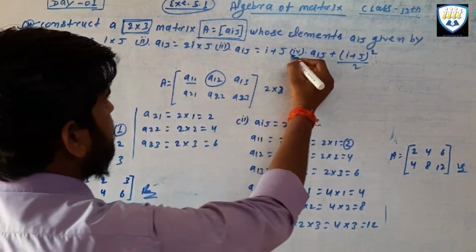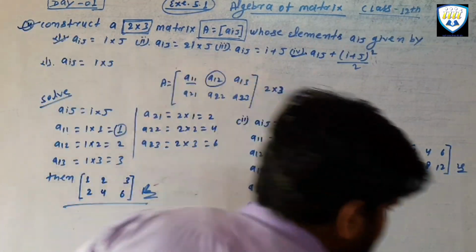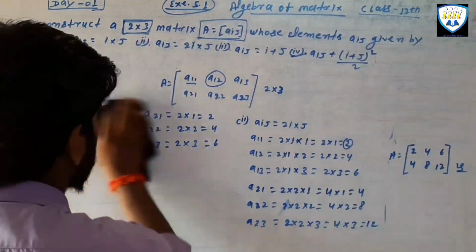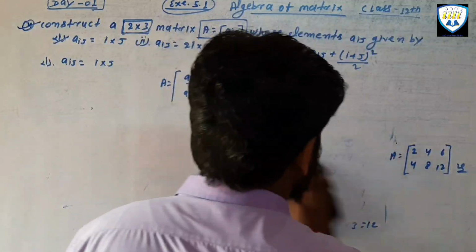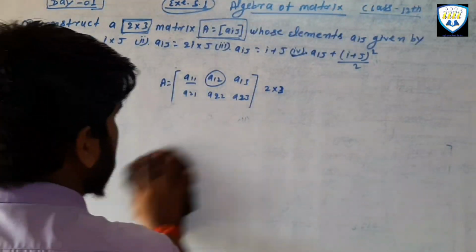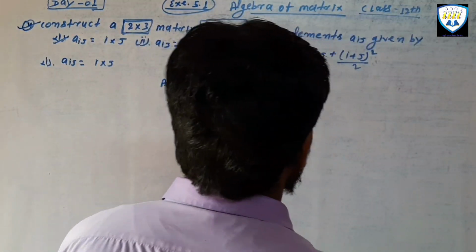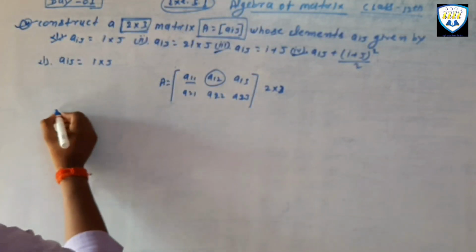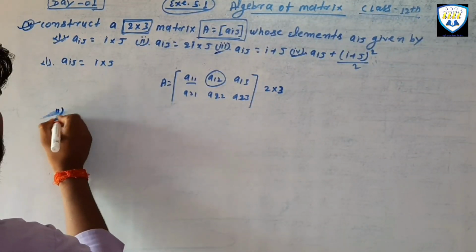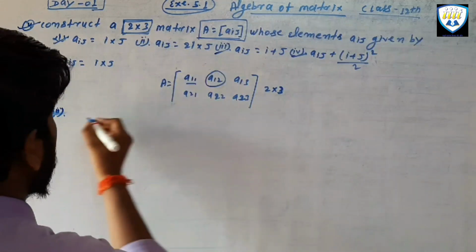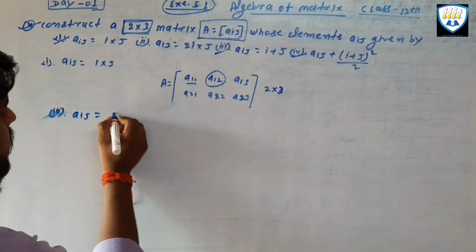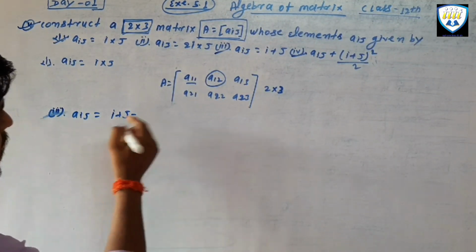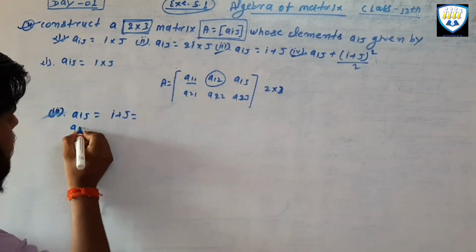Example 4. 3 and 4. Aij equals i plus j. A11 is 1 plus 1.